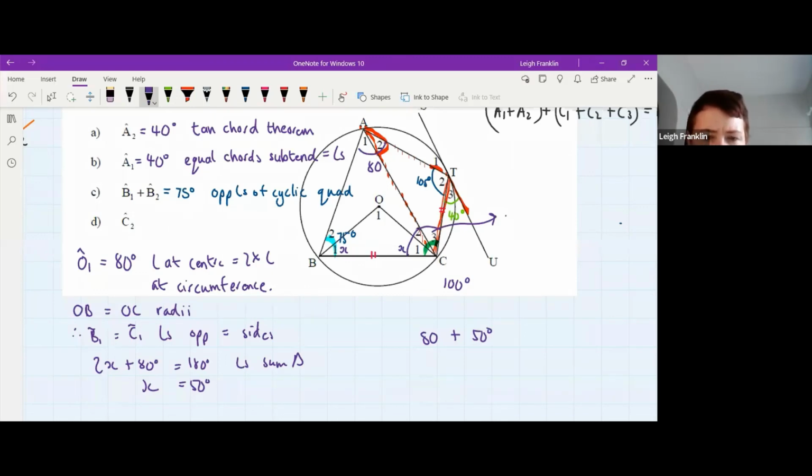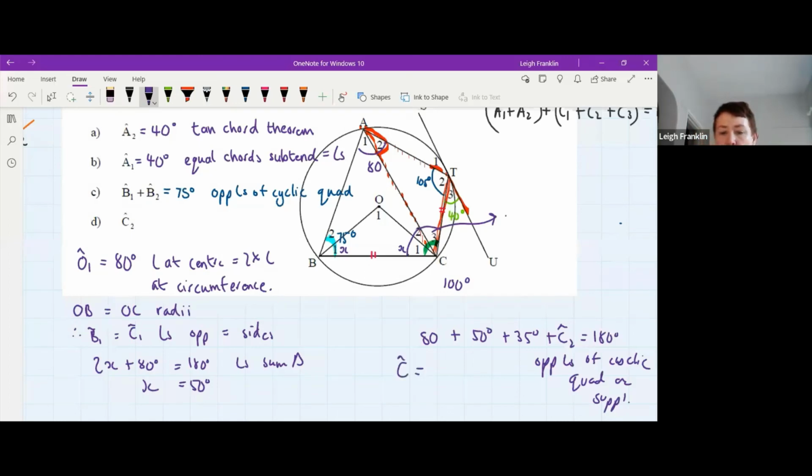C3 is 35. No? How big is C3? Yeah, it's 35. Yeah, 35, okay. So plus 35 plus C2 would add up to 180. This is because the opposite angles of a cyclic quad are supplementary. Yes, ma'am. Sorry, guys. So then that means that angle C2 would be equal to 15.